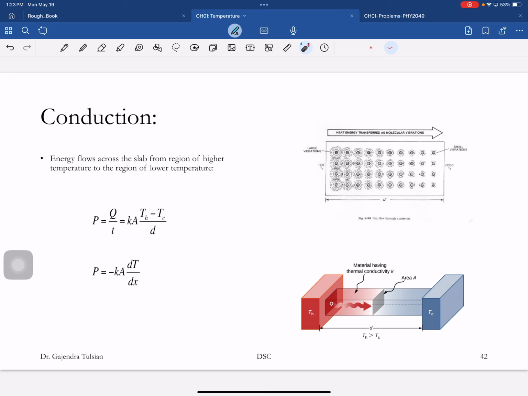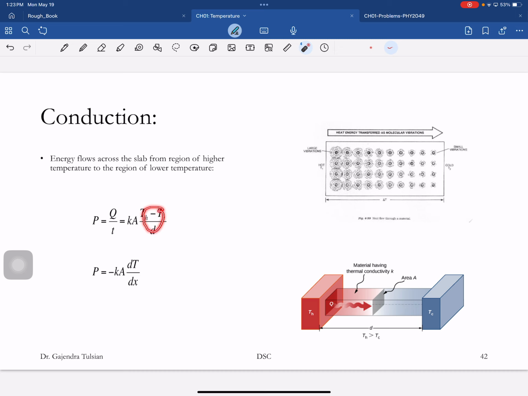So to maintain this temperature right now here costs us less than in the Sahara Desert. So the higher the temperature difference, the higher the rate of heat flow.